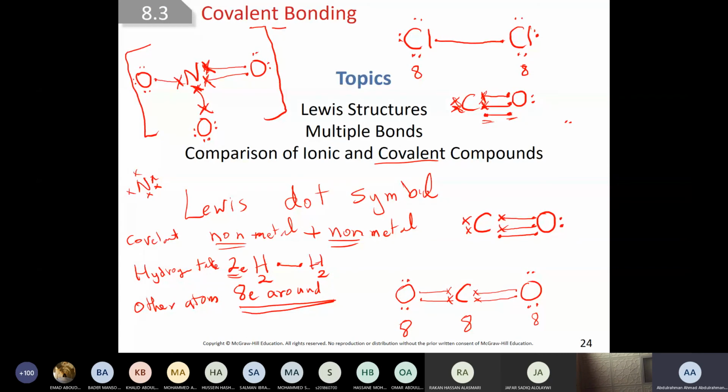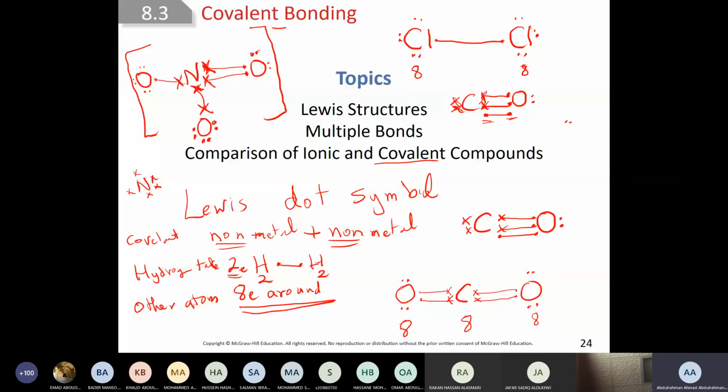I put this one shared between the oxygen and the nitrogen. Is this clear? Okay, what's the dot symbol for oxygen? 6. 1, 2, 3, 4, 5, and 6. How about this oxygen? 1, 2, 3, 4, 5, and 6.